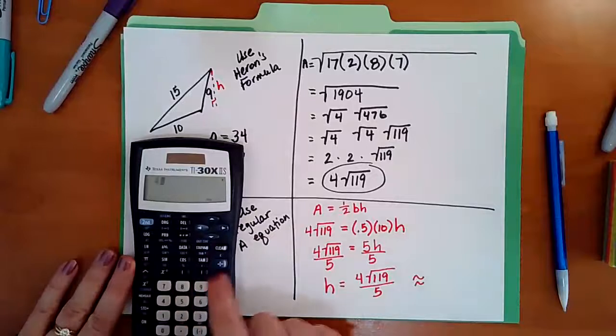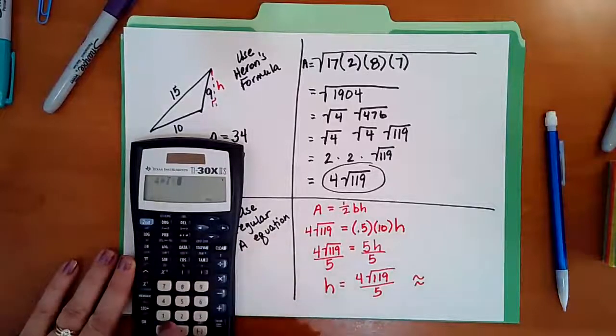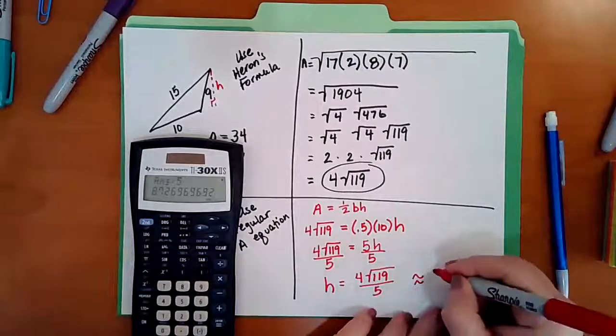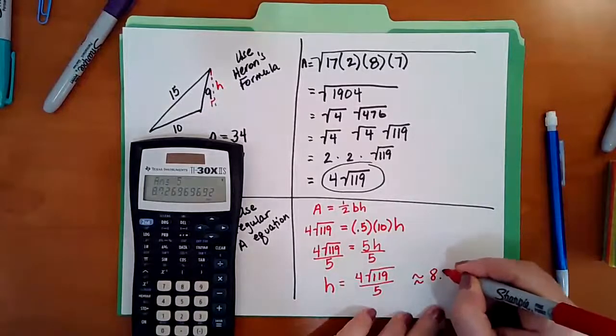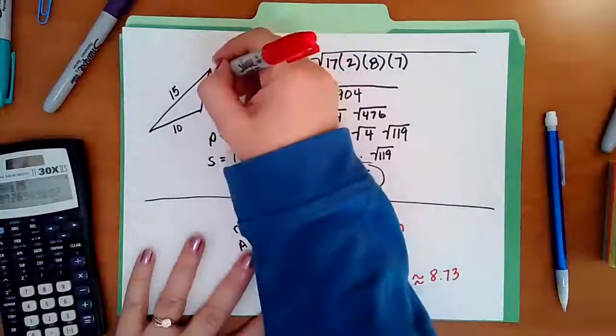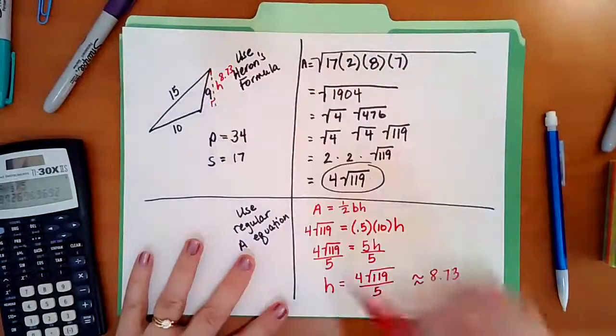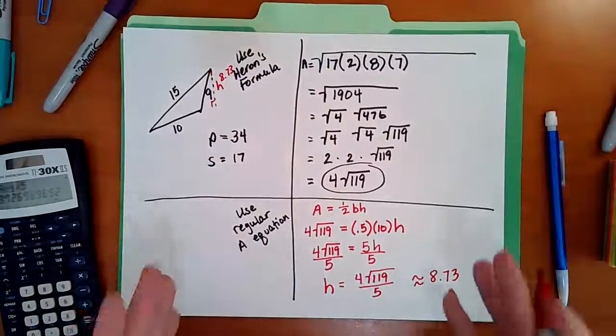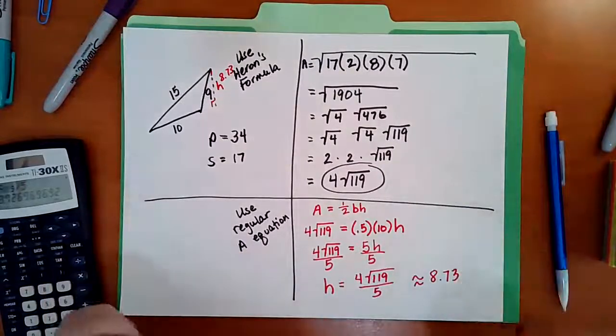So I would do 4 times the square root of 119, and then I divide that by 5, so it equals about 8.73.